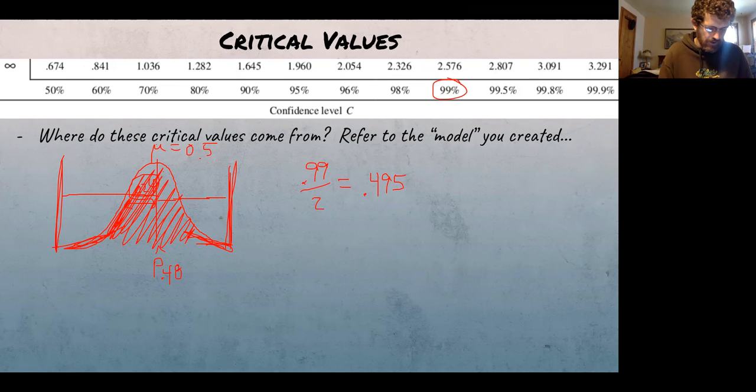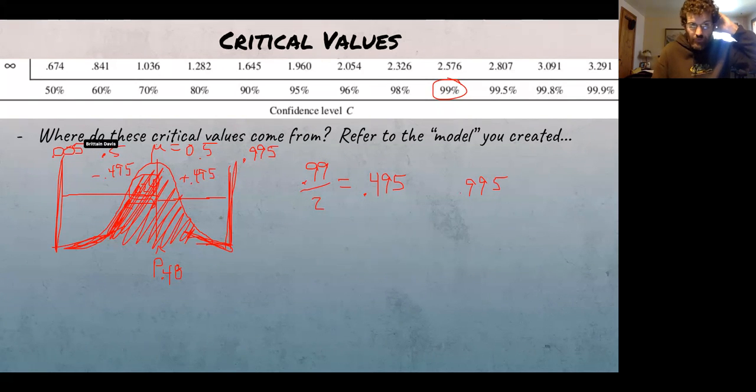So that's going to be 0.995 at the high end. Actually, maybe I should put it right here, 0.995, because I just did 0.5 plus 0.495. And I can do 0.5 minus 0.495 to give me 0.005 right here.